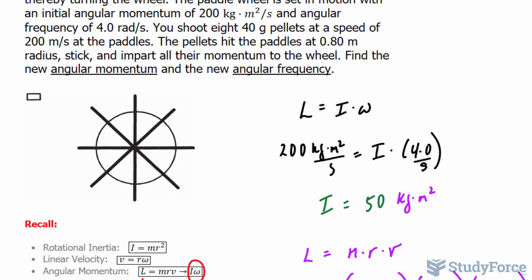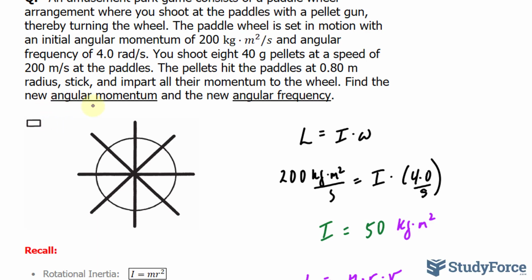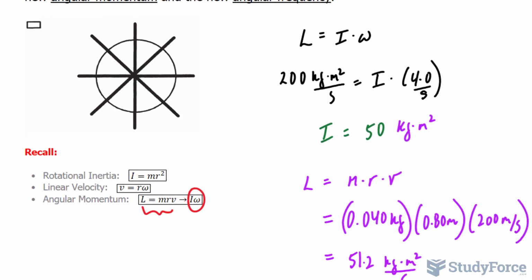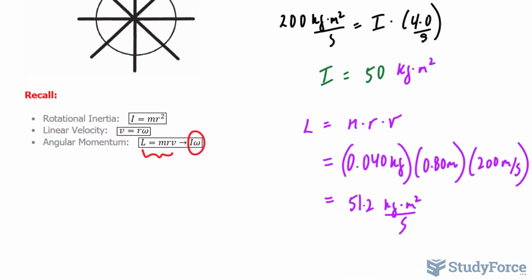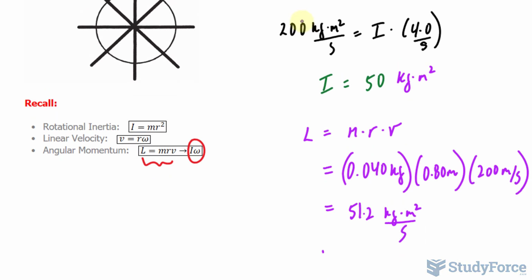Because we are calculating the new angular momentum and the new angular frequency, what I have to do is combine the original angular momentum with the angular momentum that was contributed by the pellets. So I will add these two values up, where I have 200 plus 51.2 gives us 251.2 kilograms times meters squared per second.